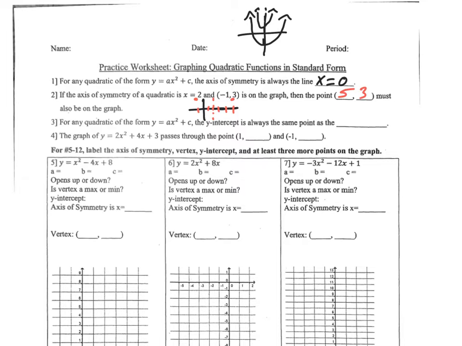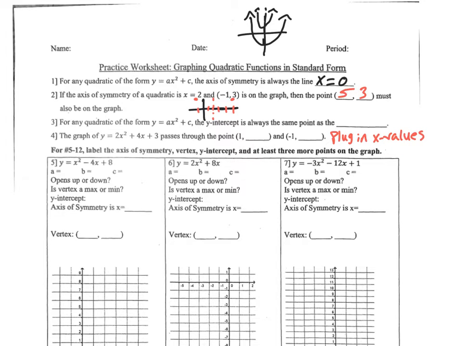Okay, number 4. The graph y equals 2x squared plus 4x plus 3 passes through the point (1, what) and (-1, what). So how do we figure out what those y values are? We've been trying to practice this a little bit here. In order to find y values, you have to plug in x values.